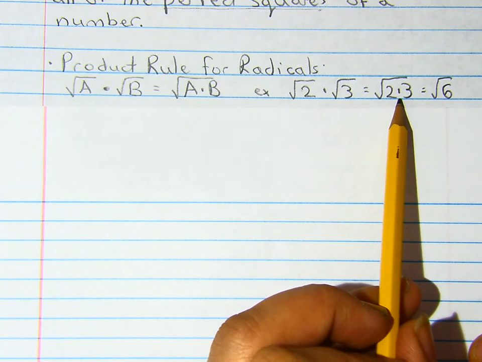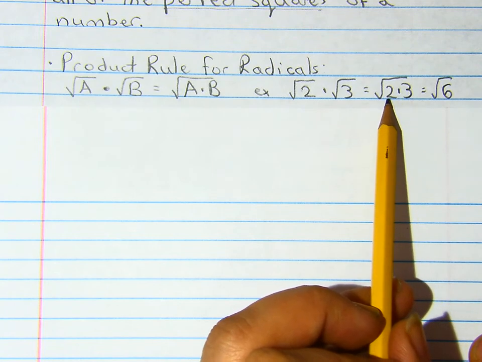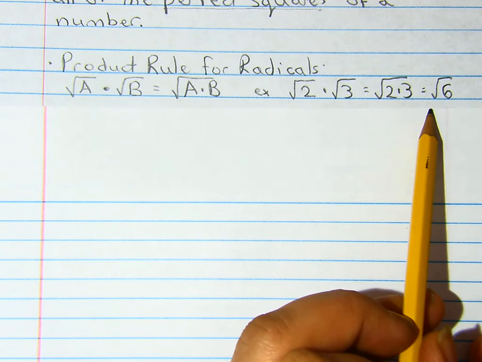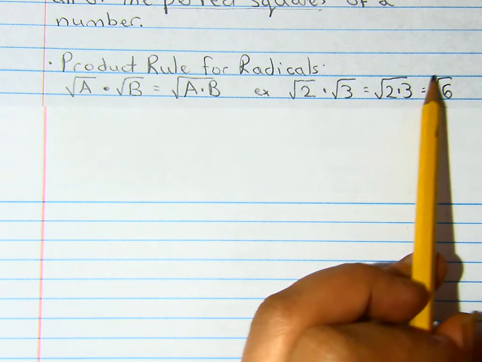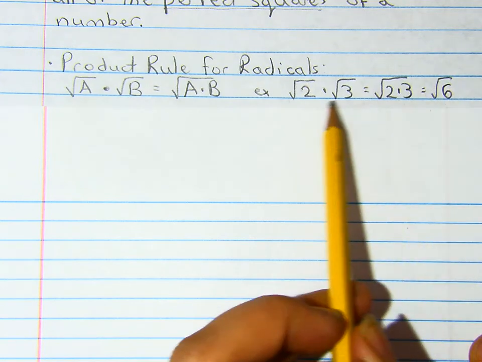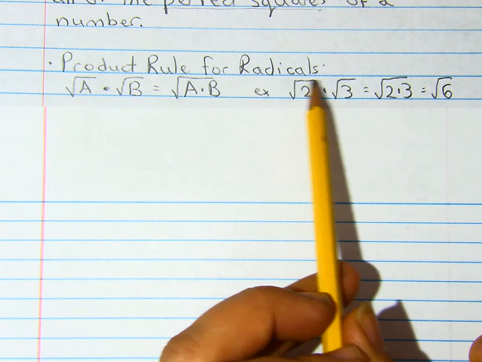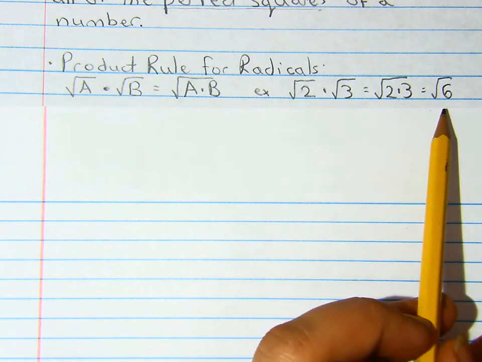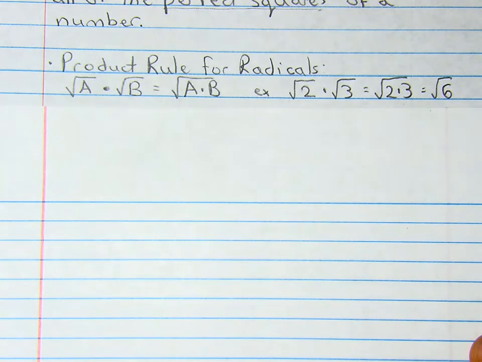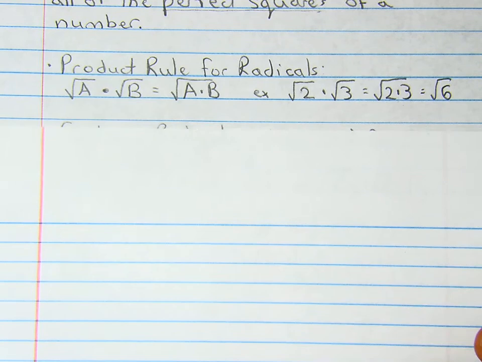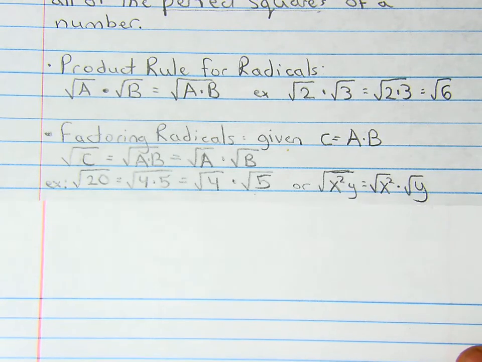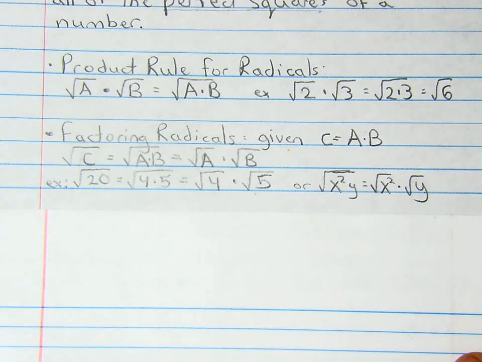That's what product means, is to multiply, and do 2 times 3, which is radical 6. And thus I have simplified this complicated expression down to just square root 6. Please feel free to pause the video at any time to copy down your information.